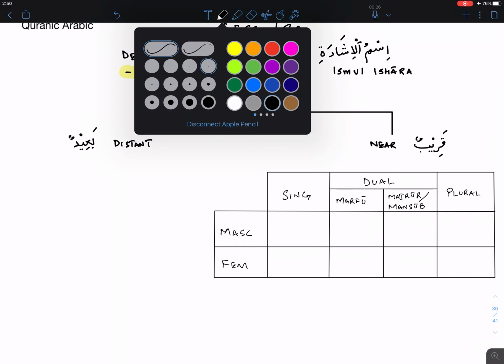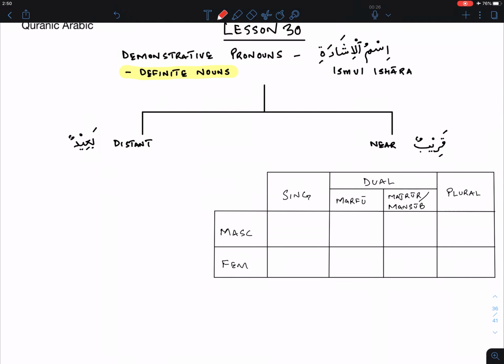Remember, the red were those that were different, and the greens are common. Here most of them are red because they're different between masculine and feminine, but plural is not.